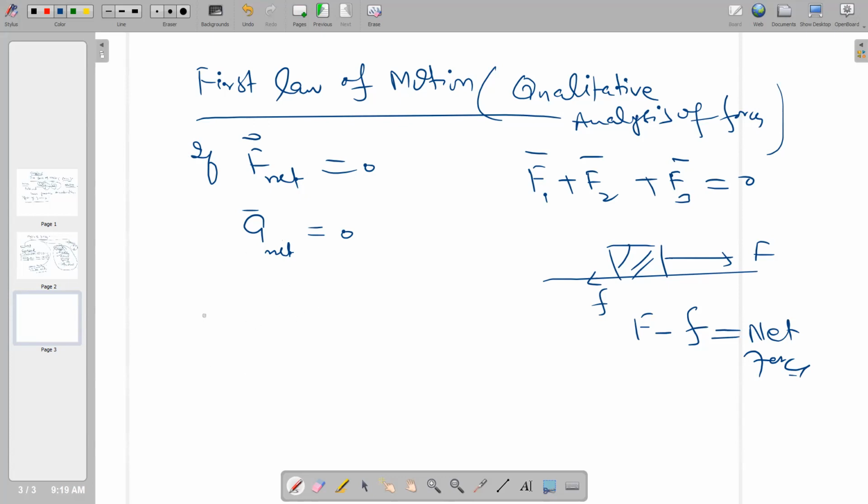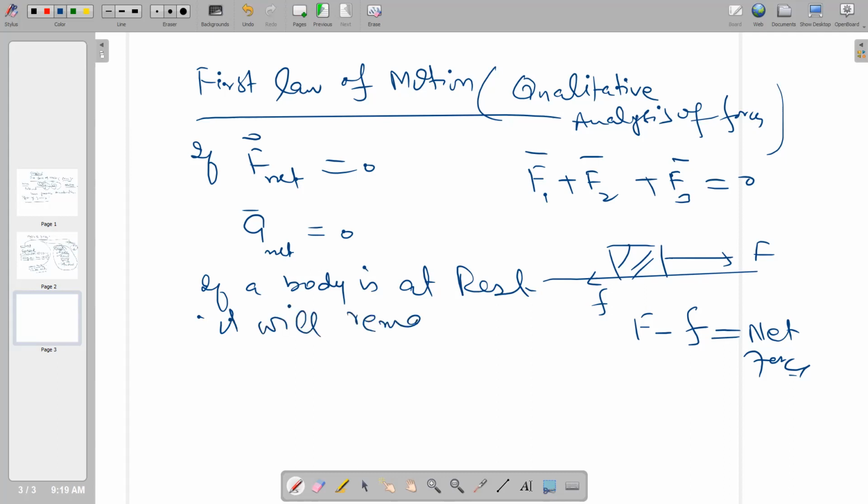So what he said in the first law is that if a body is at rest, meaning the net force is 0, it will remain at rest.